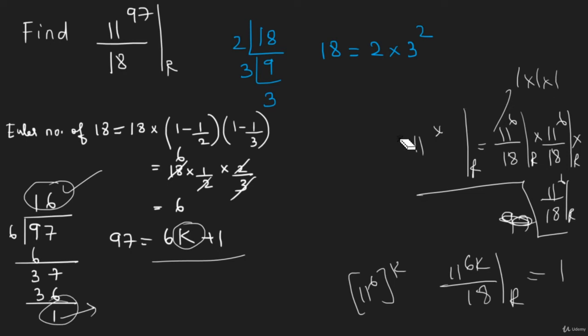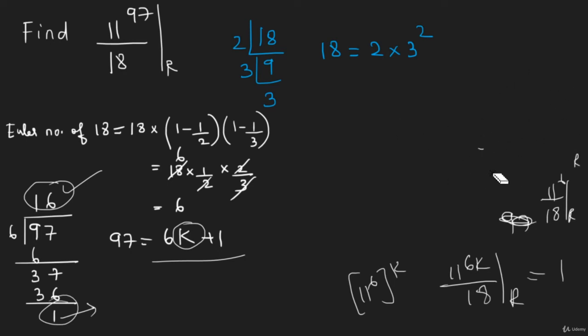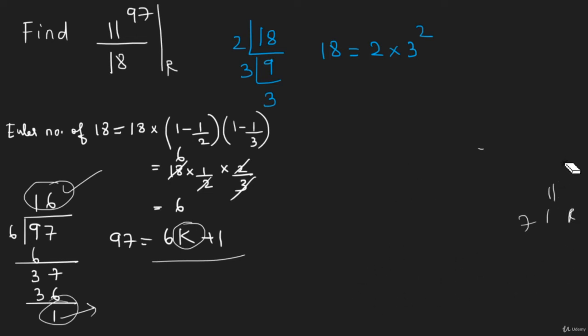Let me make some space over here. Now, we were discussing how you can do this mentally. You basically need to do 97 divided by 6. Let me just show it to you how you can do it mentally. So we are trying to do 97 by 6. We can see that 9 by 6 goes once, so you have 1 and your remainder is 3.